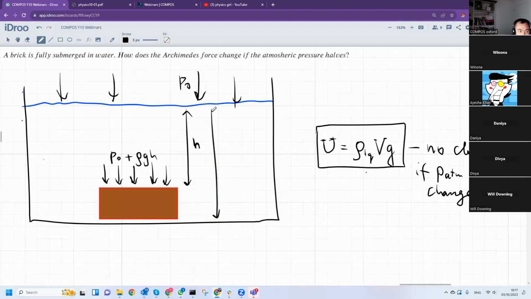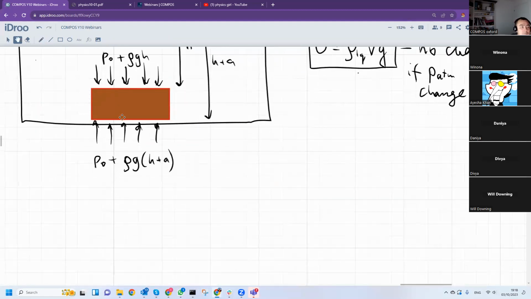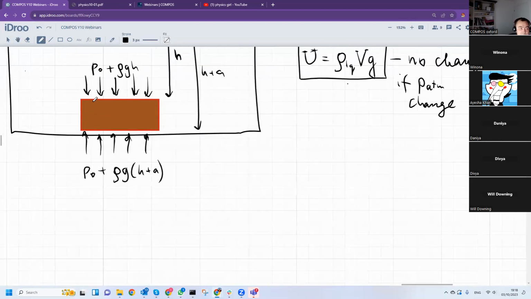And here, when it's down here, it's h plus a. So the pressure here is P0 plus rho g (h plus a). And the cross-sectional area is A. So the cross-sectional area of this one is A.